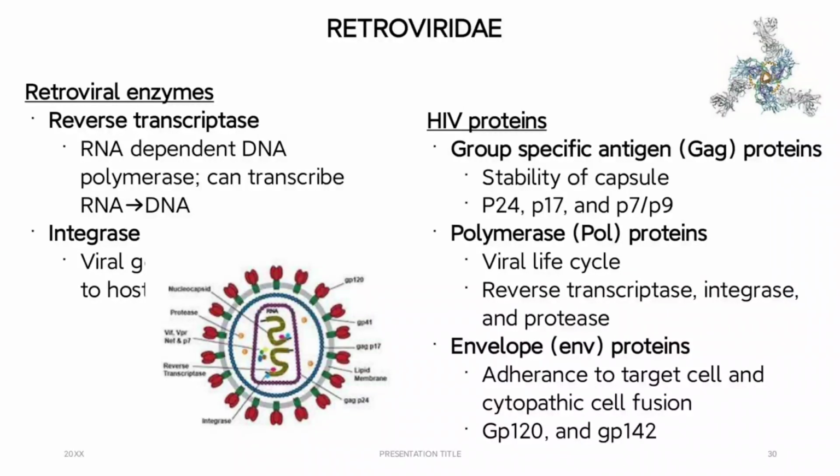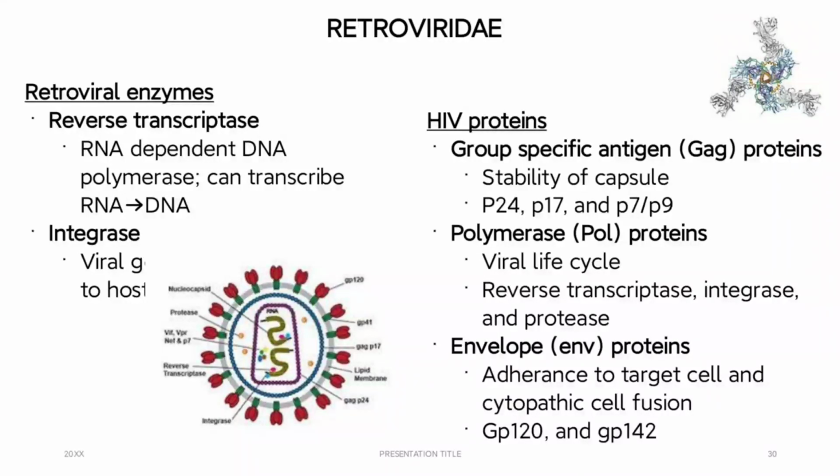And next, we have the HIV proteins. There are three: the GAG proteins, Pol proteins, and the envelope proteins. GAG, or group-specific antigen proteins, are for the stability of your retroviral capsid. Okay? What are they? Proteins P24, P17, and P7/P9.